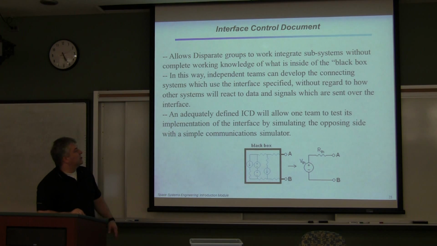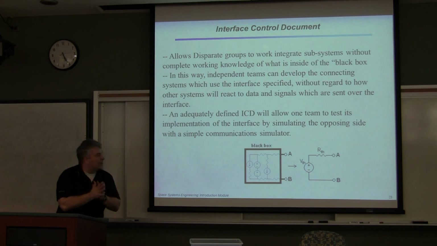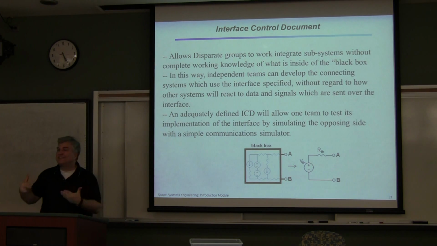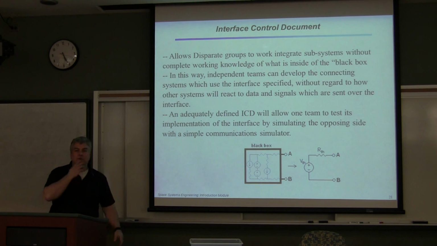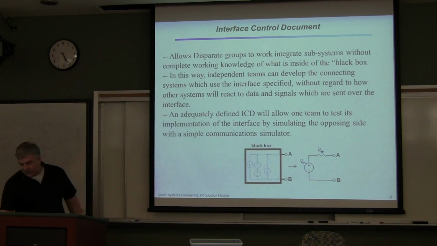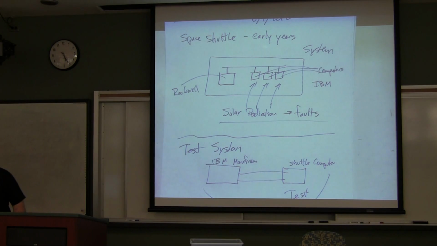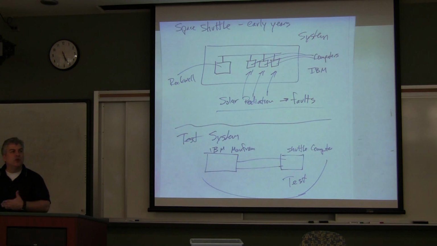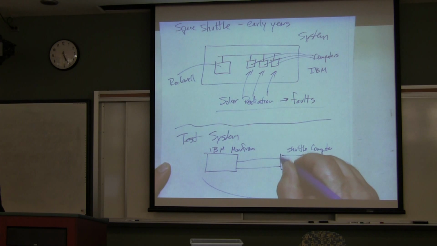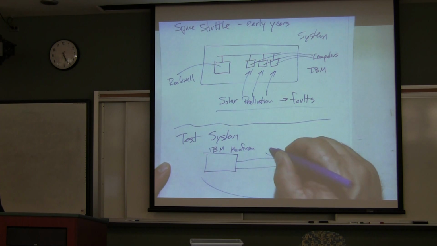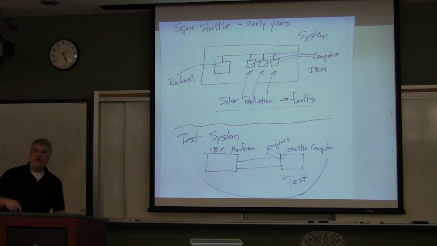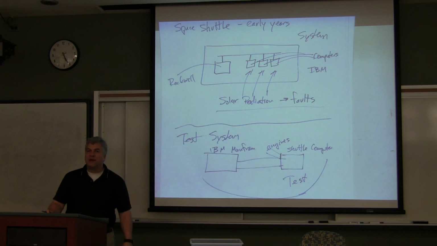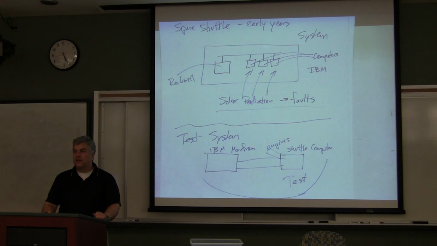So a good defined interface control document will allow one to test something without having the other real part there. If you saw the example, if we defined our shuttle computer really well, and we knew what it would control, so for example, I knew that, hey, these output lines here actually go to engines, I don't have to have a real engine hooked up into my test device to be able to validate it.